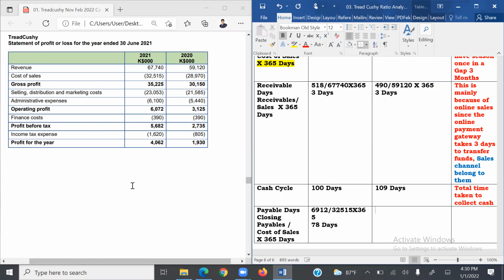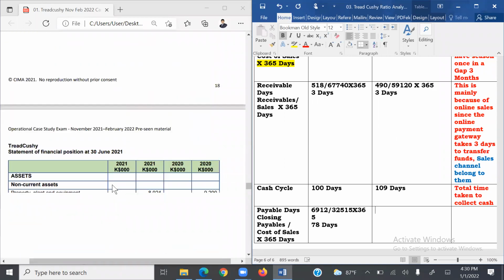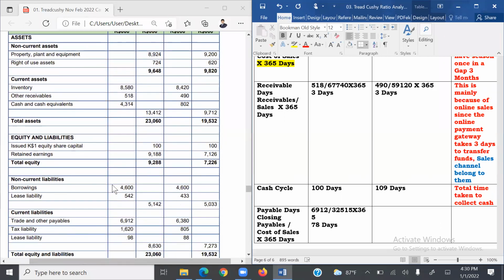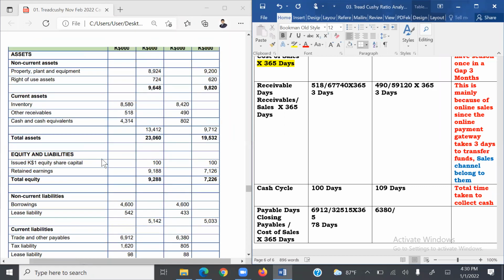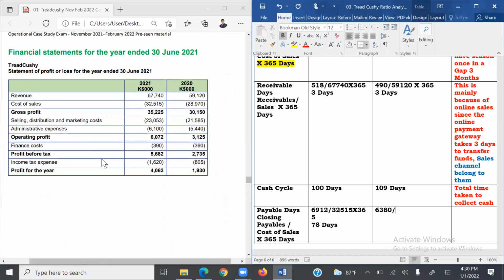And coming to the next one, the trade payables is 6,380, and I'm going to divide that by the cost of sales figure, 28,970, multiplied by 365. Effectively, that's going to give you 80 days.